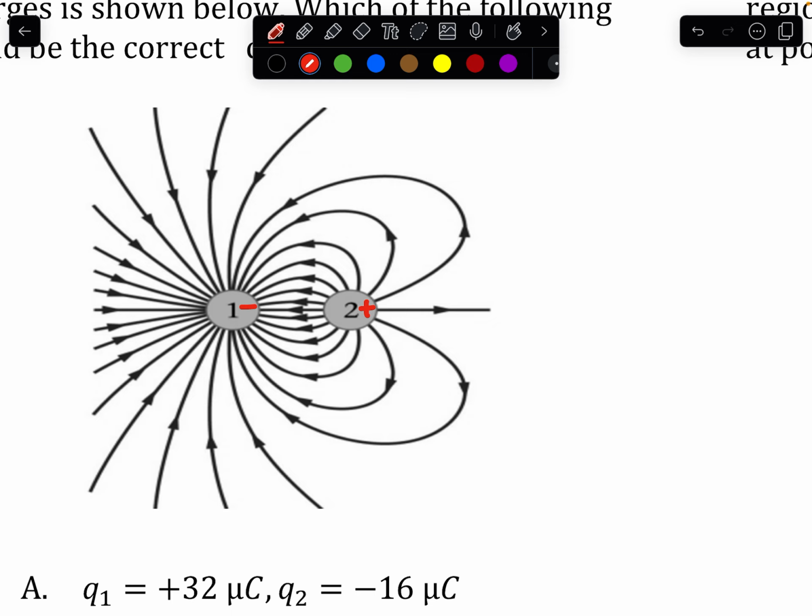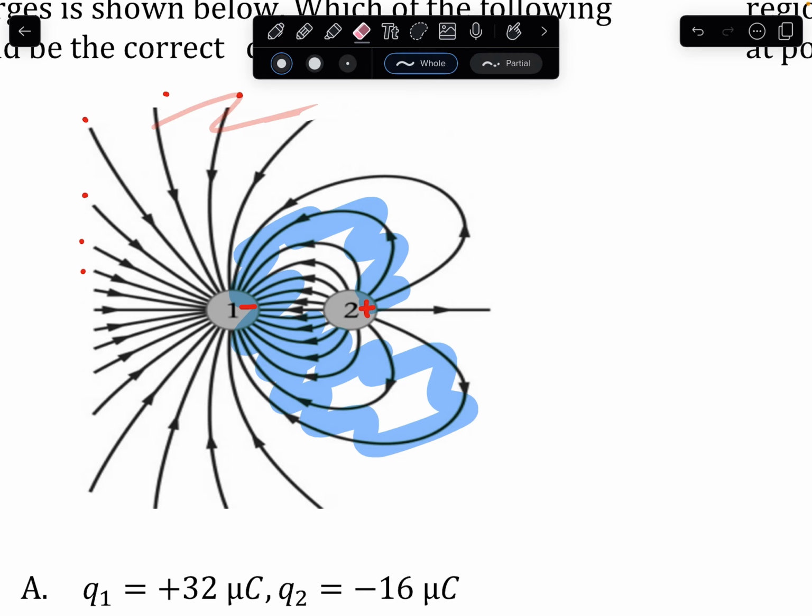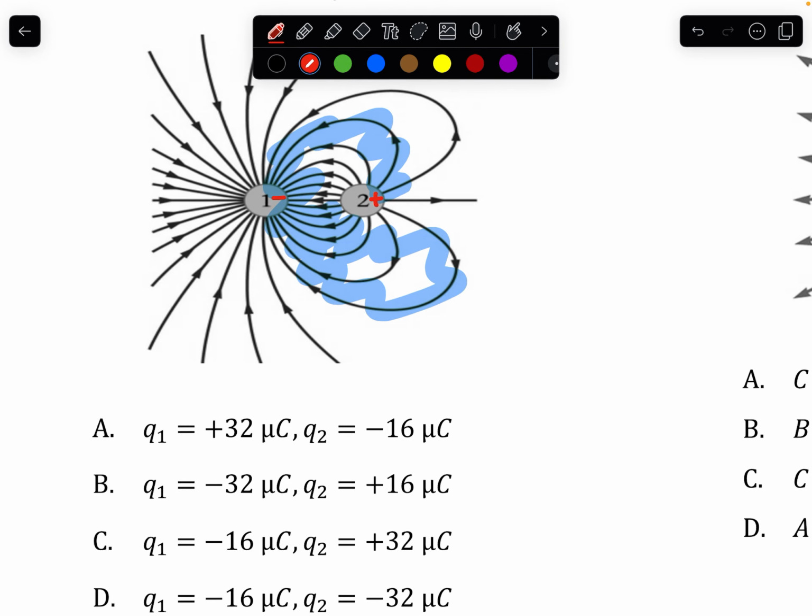So they all have those in common. These ones are all in common, so let's not count them. This one has one extra. This one has so many. So I can see that charge number 1 is much bigger and it is negative, almost double.